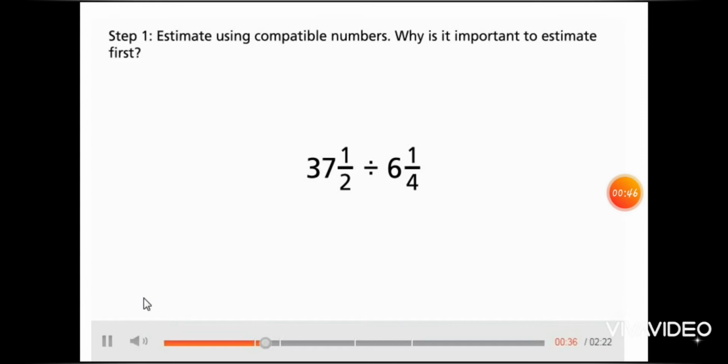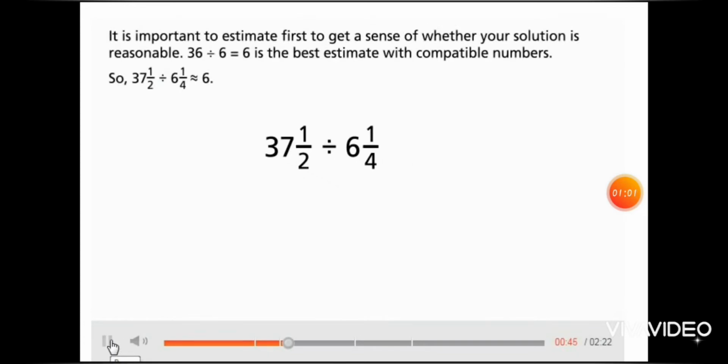Step 1. Estimate using compatible numbers. Why is it important to estimate first? It is important to estimate first to get a sense of whether your solution is reasonable. 36 divided by 6 equals 6 is the best estimate with compatible numbers.